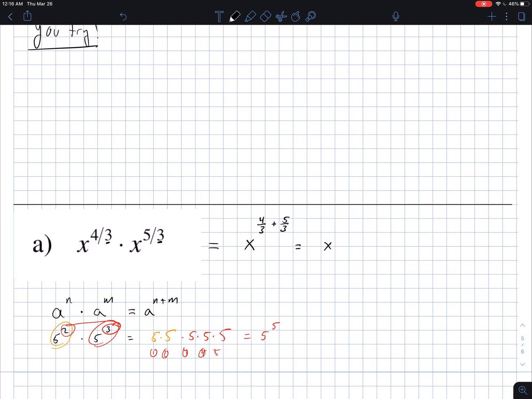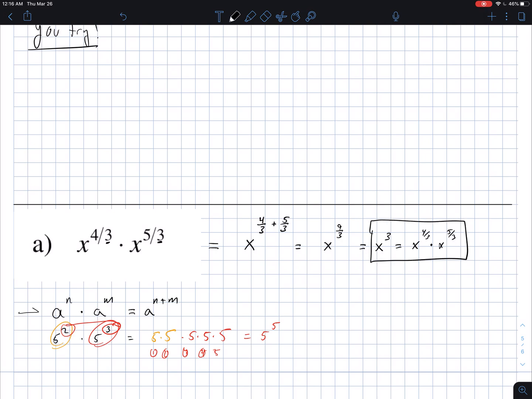So this is x to the 9/3. Well, that can be simplified, right? Because 3 goes into 9. So what's 9 divided by 3? That is what x to the 4/3 times x to the 5/3 should equal.